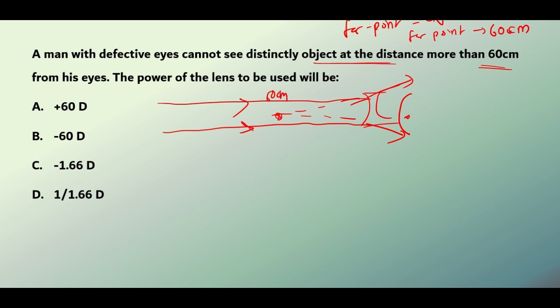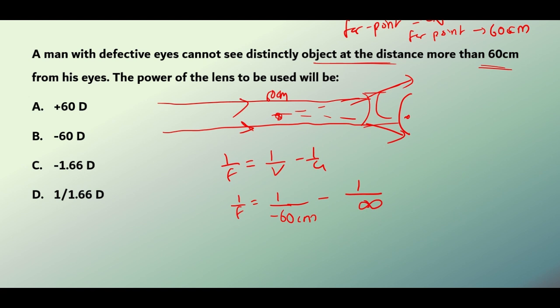So the power of lens required, so 1 by f, the focal length of the lens, would be 1 by v minus 1 by u. Now the image distance is minus 60 centimeters. So 1 by f would be equal to 1 by minus 60 centimeters minus 1 by u, where the object is placed at infinity, 1 by infinity.